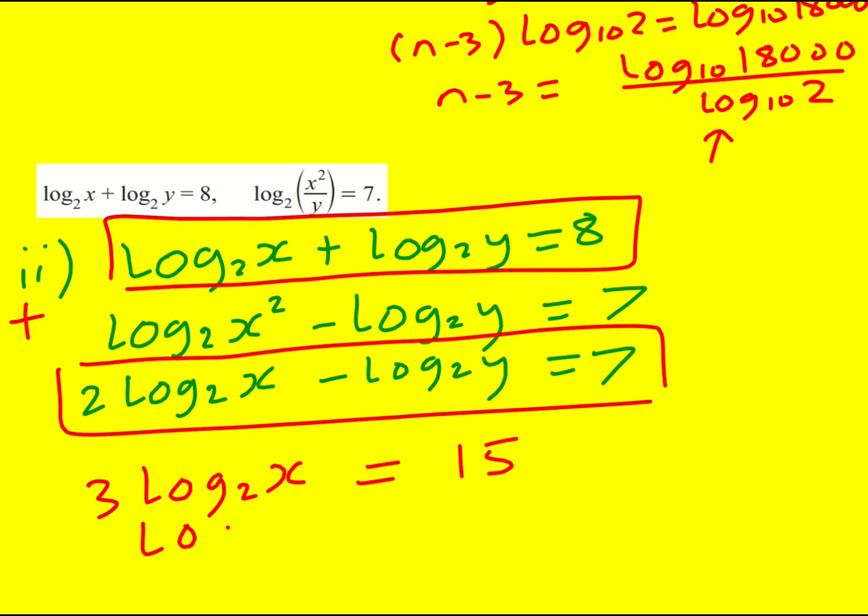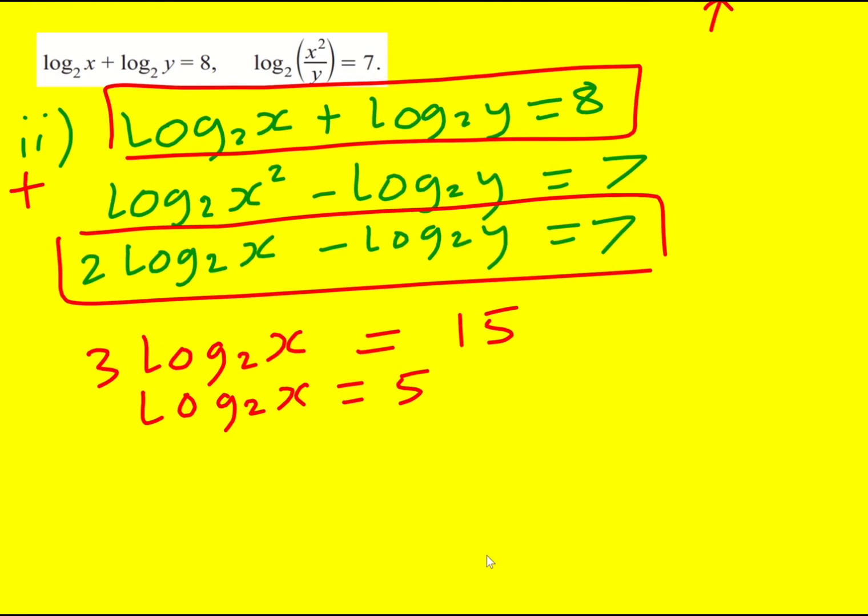And that is really good because that's going to give me log to base 2 of x is equal to 5. So then basically x is going to equal 2 to the power of 5. You can get that just from your understanding of logs. It's like, what do I raise 2 to the power of to get x?